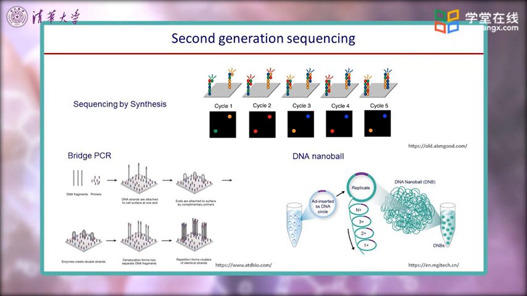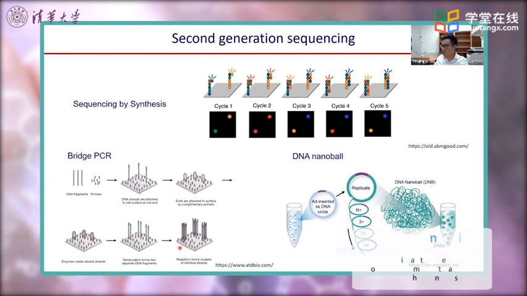We'll discuss PCR later, but here you just need to know that a single fragment, once immobilized on the surface, its complement strand and the complement of its complementary strand can be generated at nearby locations to form a cluster of the fragments of the same sequence.